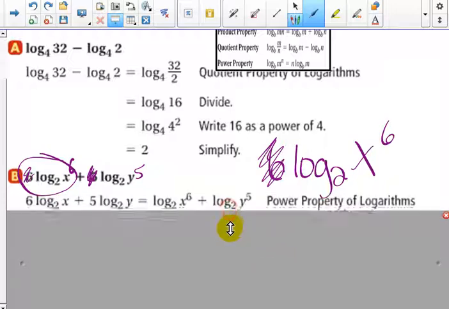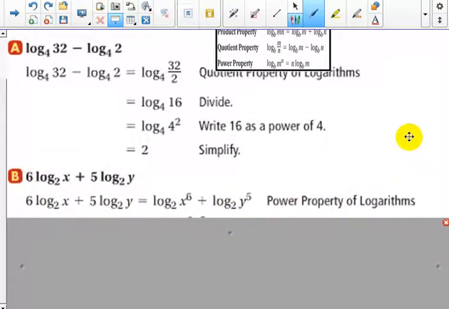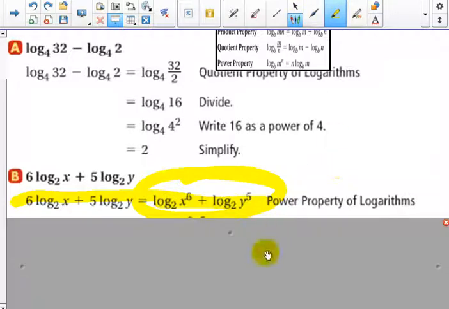So now I have, and here it is right here, that's this line right here. That's what I just wrote. So now I've got log 2 of x to the 6th power plus log 2 of y to the 5th power. Now I've got to do my product property. So I've got to reverse that.